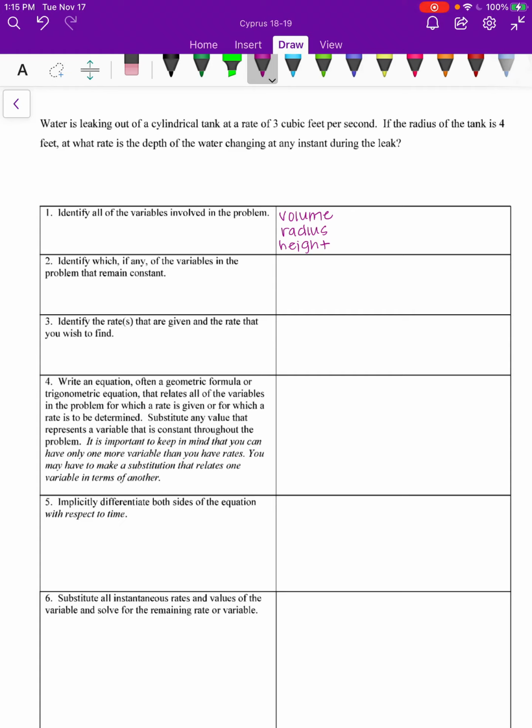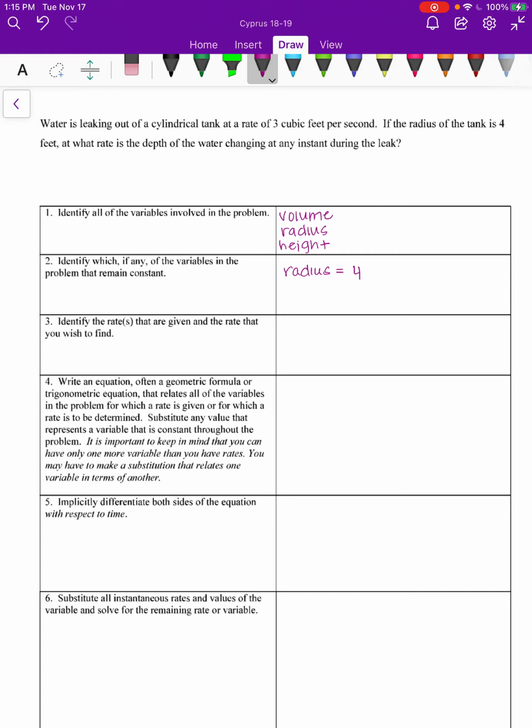But the radius, it doesn't tell me that the radius is changing. And if we're talking about a cylindrical tank, we would hope that the radius wouldn't be affected by the water coming out. So the radius of this tank is staying constant. And it tells me it stays at 4.